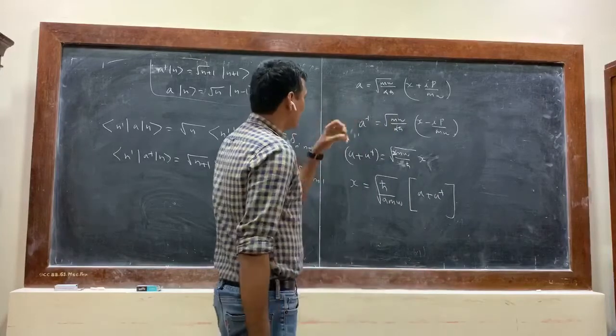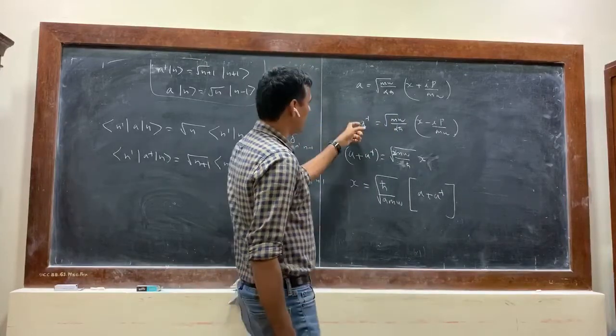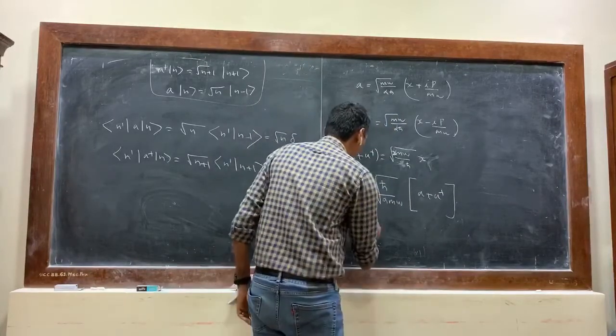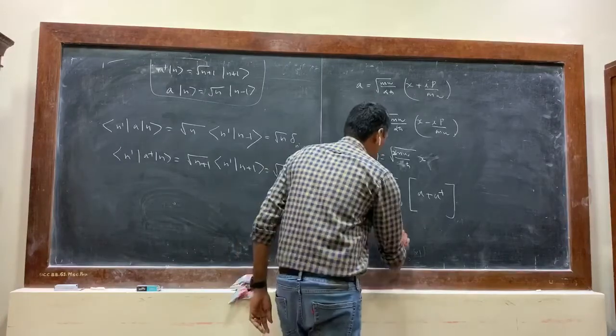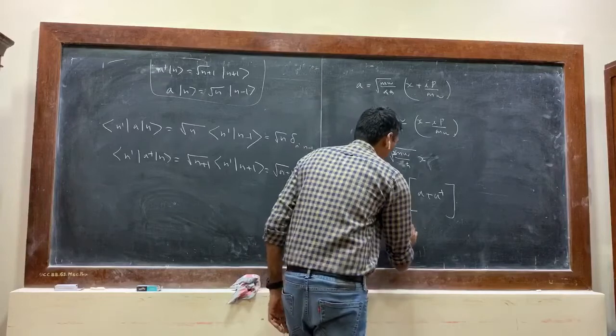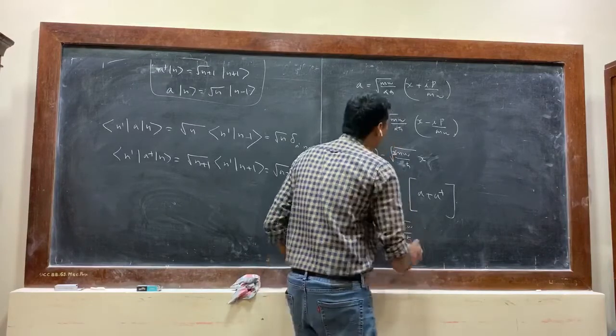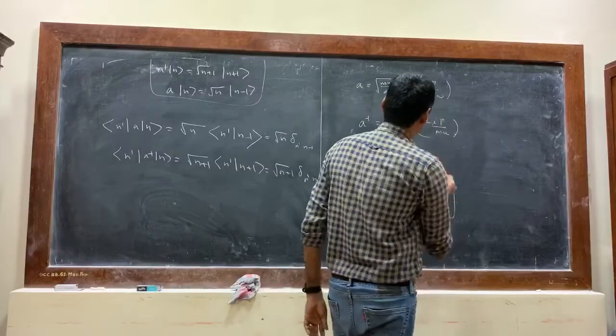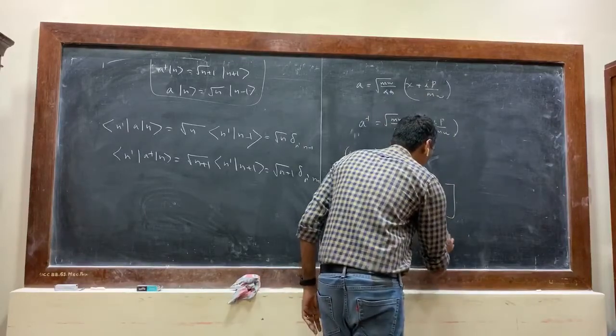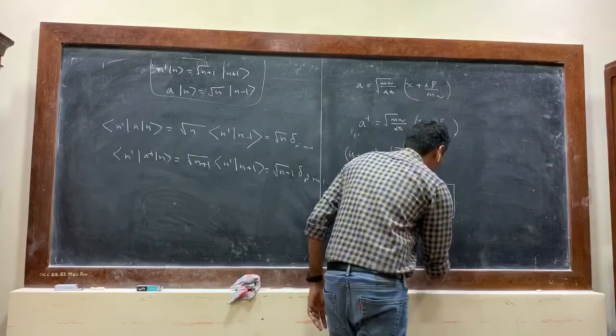Similarly, you can subtract: a minus a dagger, which will be equal to square root of m omega divided by 2 h cut times 2ip divided by m omega.